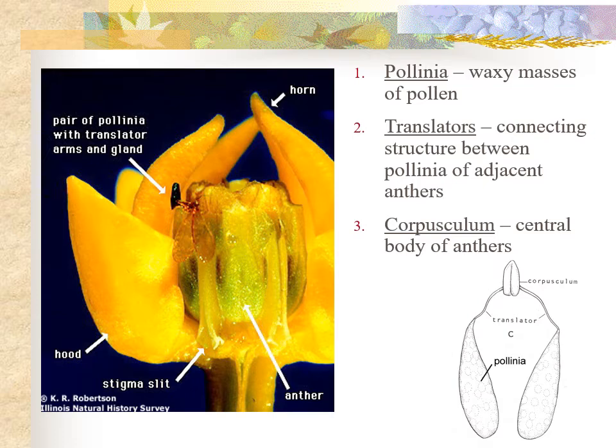One other plant lineage that has pollinia is the orchids, the family Orchidaceae, and they appear to have evolved pollinia totally independently. So really cool convergent evolution in this case.